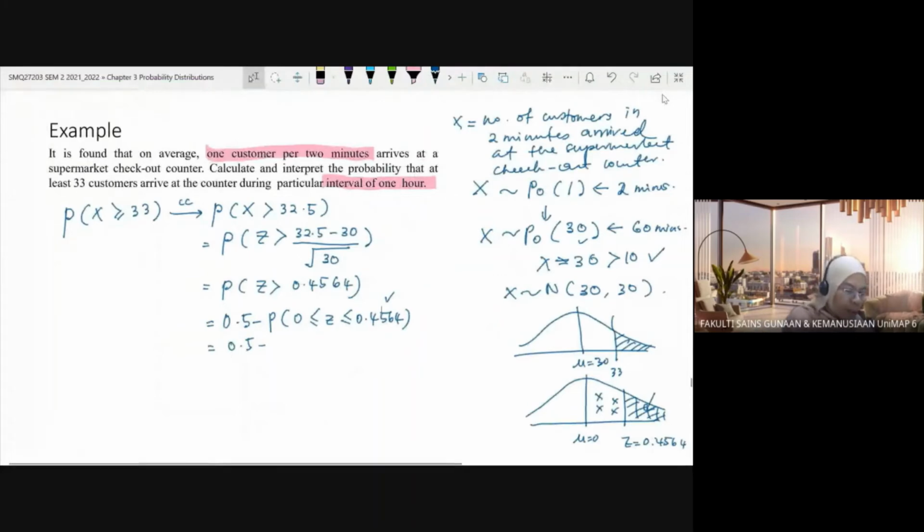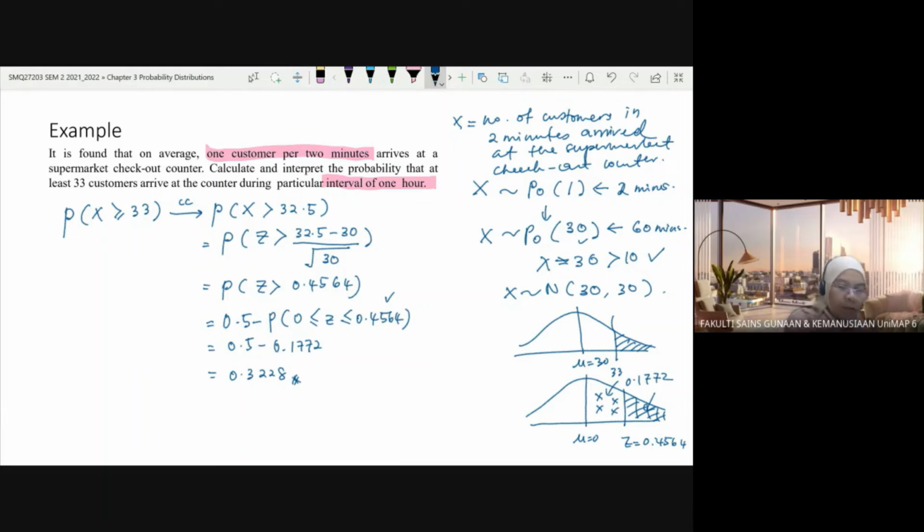So it will be 0.5 minus 0.1772, and you will get 0.3228 as the probability value.